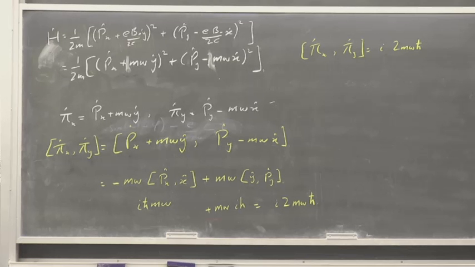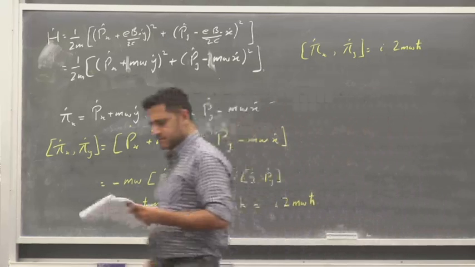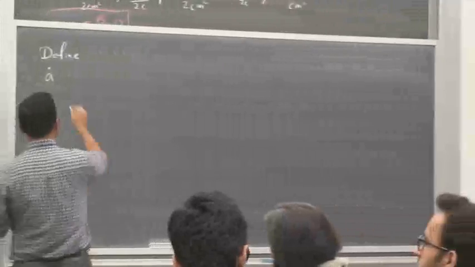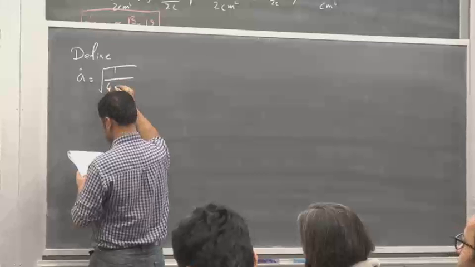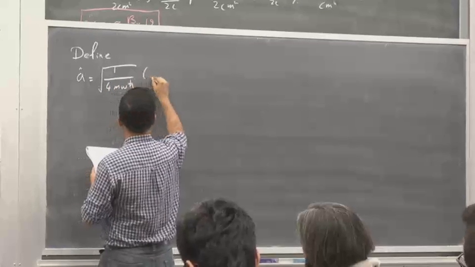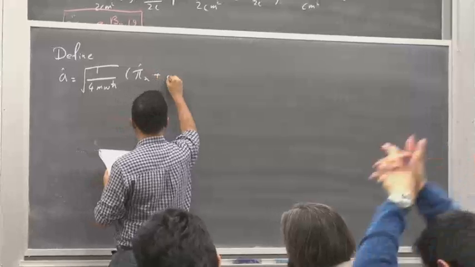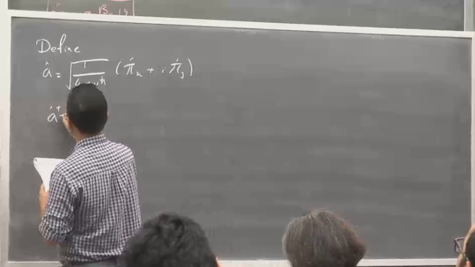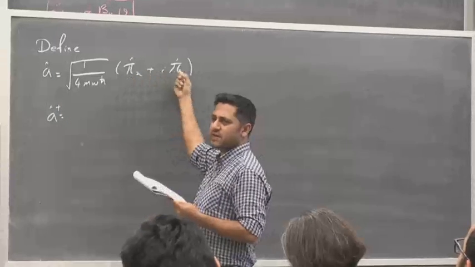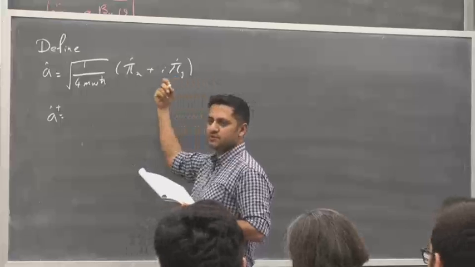What you do in the case of the harmonic oscillator is define the creation and annihilation operators: x plus i p_x, that's what you do, right?